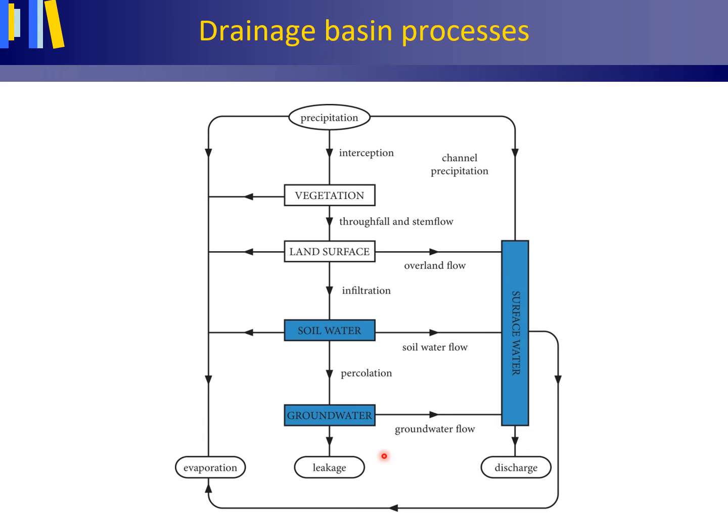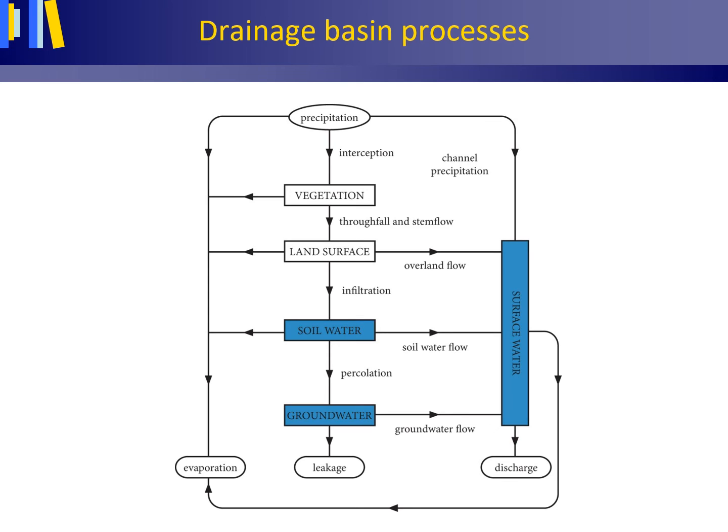And there is the process here of leakage, which in actual fact is the process that I talked of earlier. If your catchment is not sealed at the bottom, you can lose your water to deeper down. So this water is not leaving the catchment at the catchment outlet point.